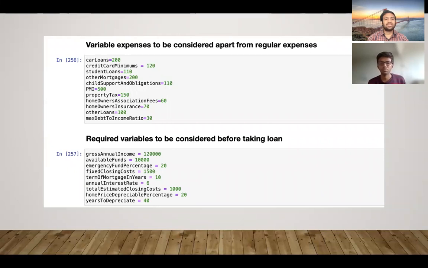Variable expenses to be considered apart from the regular expenses are car loans, credit card expenses, student loans, other mortgage loans, child support payments, property taxes, homeowners association fees, homeowners insurance, other loans, etc. Required variables to be considered before taking a loan: gross annual income, available funds, emergency funds, fixed closing costs, term of mortgage in years, annual interest rate, total estimated closing costs, home price depreciable percentage, years to be depreciated, etc.